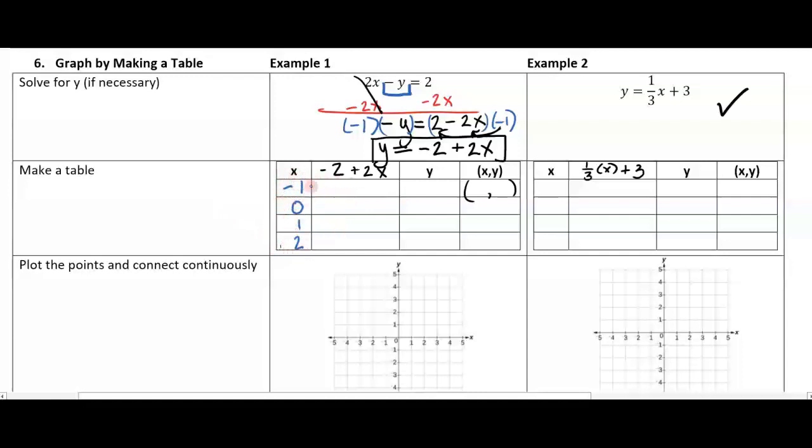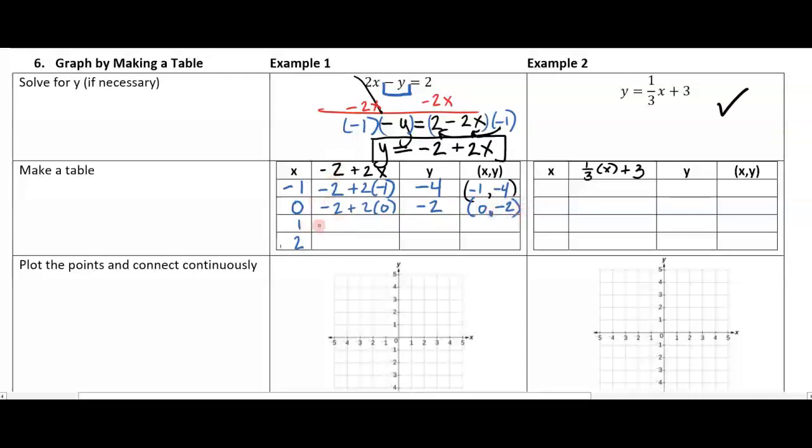So when x is -1, then this expression becomes -2 plus 2 times -1, or -2 plus -2, which is -4. So this coordinate point is -1, -4. When x is 0, I get -2 plus 2 times 0, which is -2 plus 0 is -2. Or in other words, the coordinate point 0, -2.